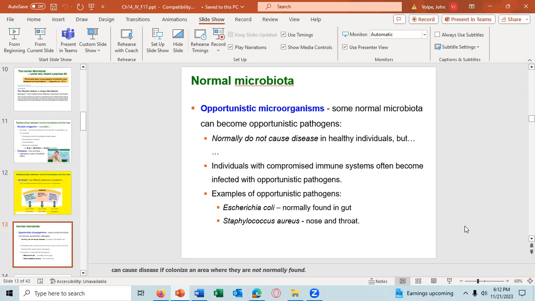Or if the patient is severely immunocompromised, like an AIDS patient, the normal microbiota can grow in regions where they should not be growing or cause an infection.